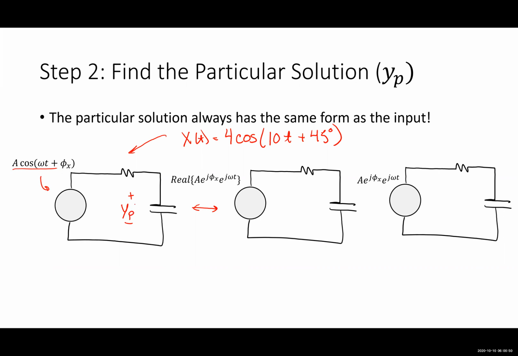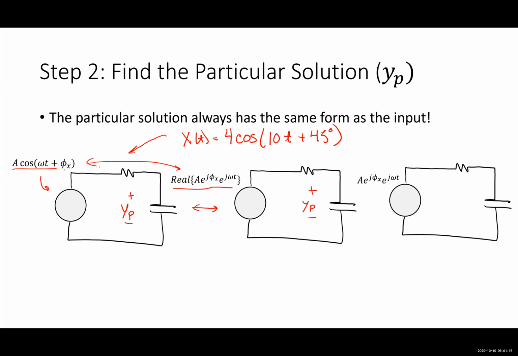Instead of writing a cosine omega t plus phi x over here, I have written that as the real part of A e to the j phi x times e to the j omega t. You should be able to see the clear relationship between those two things.